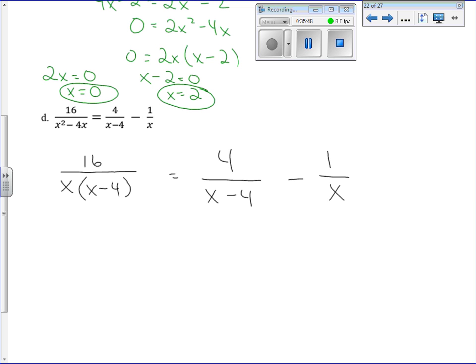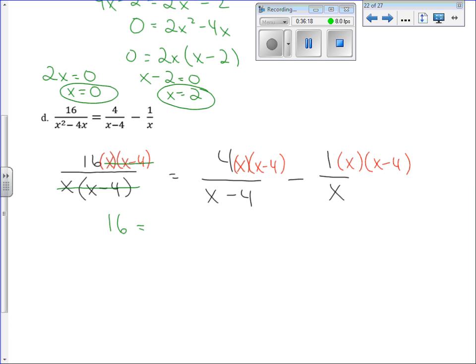So when I say multiply every term by every denominator, every term by the lowest common denominator, I'm just multiplying every term by this. So times x minus 4, times x minus 4, times x minus 4. The whole denominator, x minus 4, cancels, and that just becomes 16.